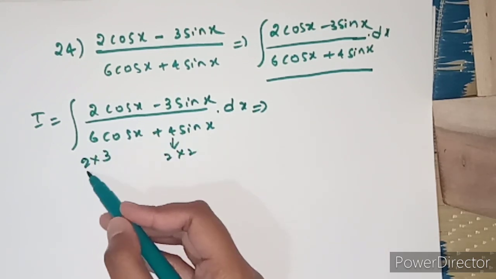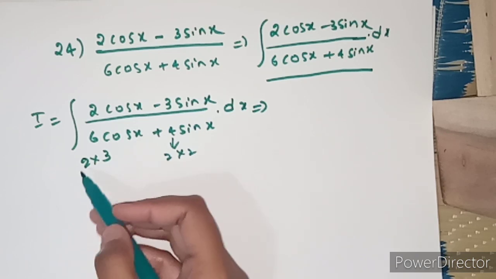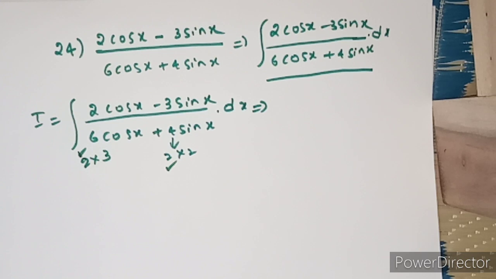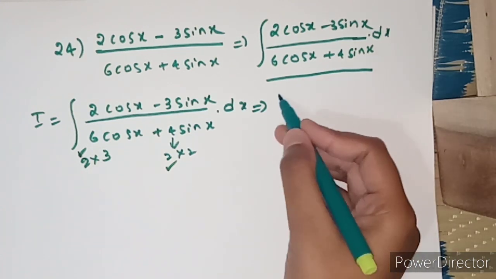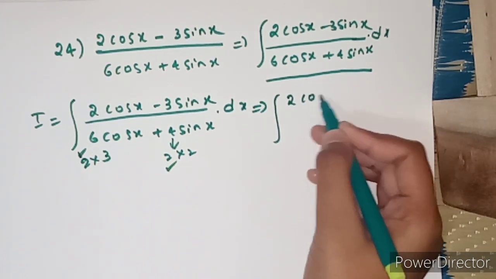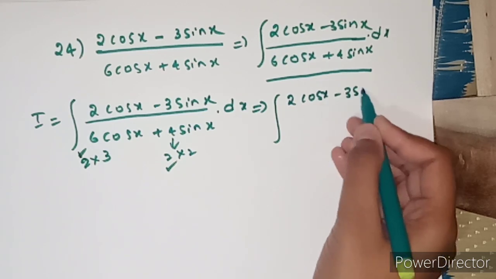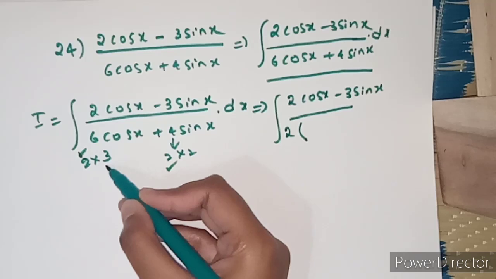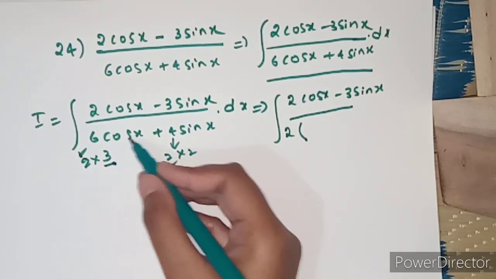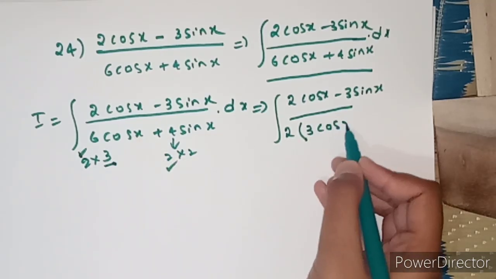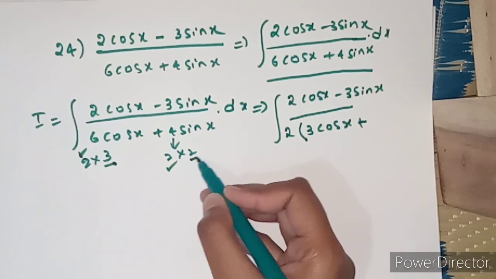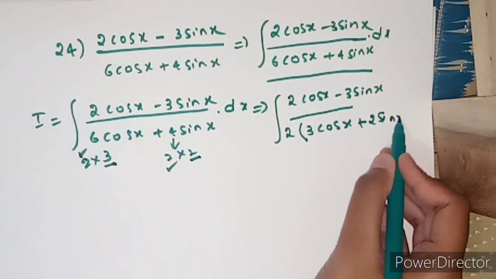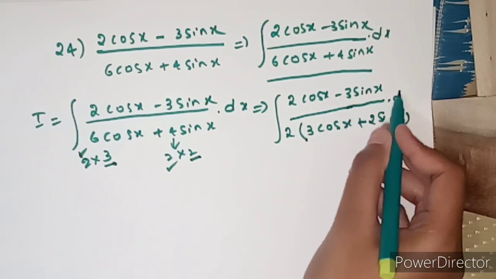So we can take 2 common, because 6 contains 2 and 4 also contains 2. So I am taking 2 outside: (2 cos x minus 3 sin x) upon 2 times (3 cos x plus 2 sin x) into dx.